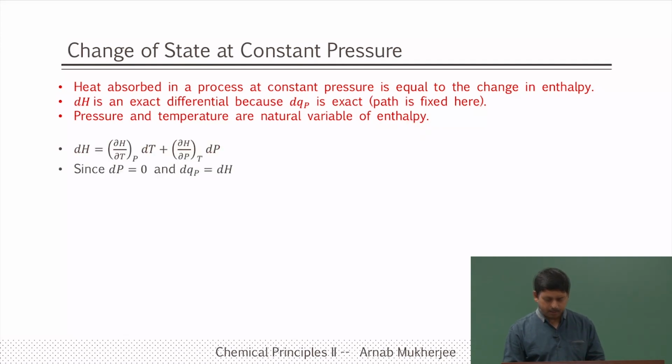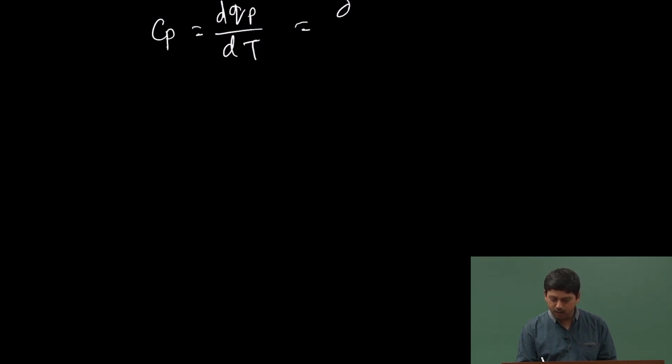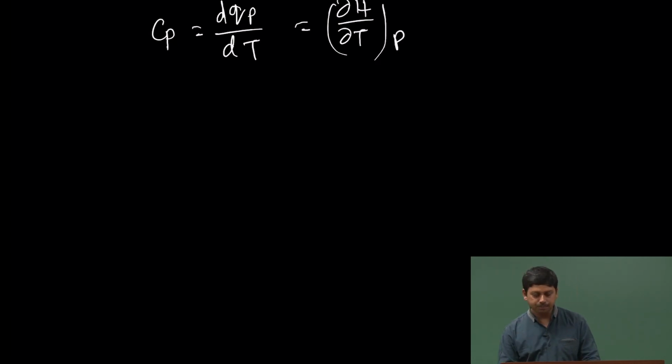Since pressure and temperature are natural variables, we can express the differential amount of H in terms of these two quantities. Okay. So, we have seen that Cp is dQp by dT, which is del H by del T at a constant pressure, that we know.